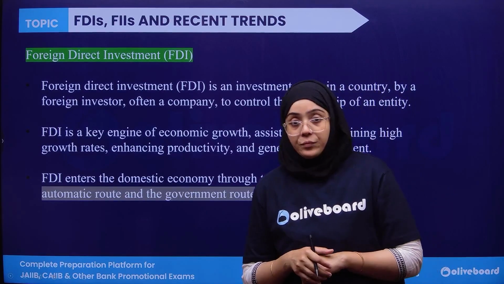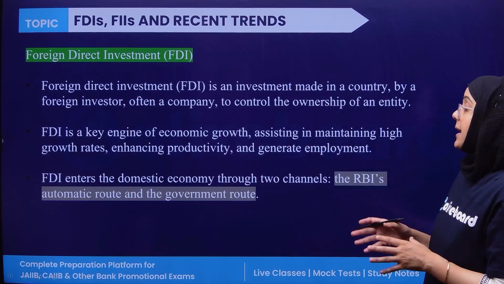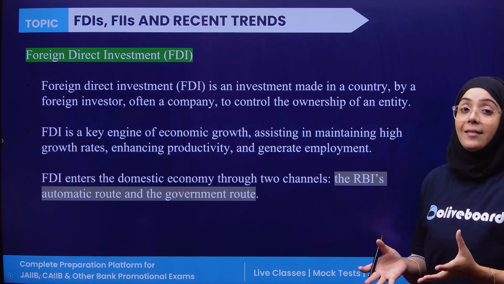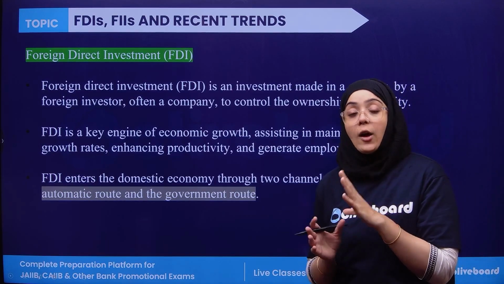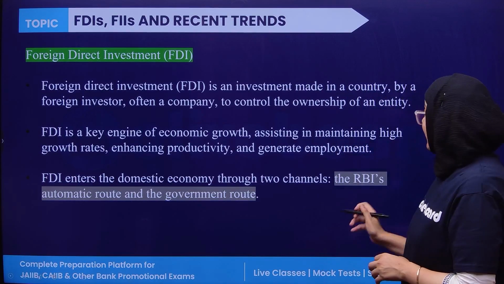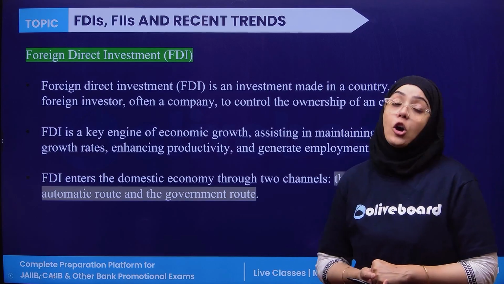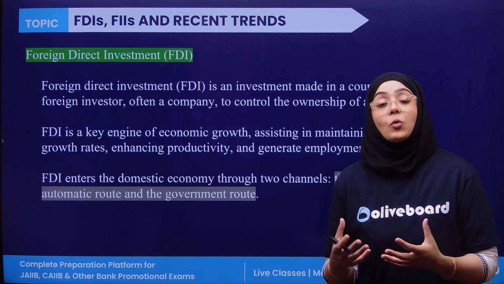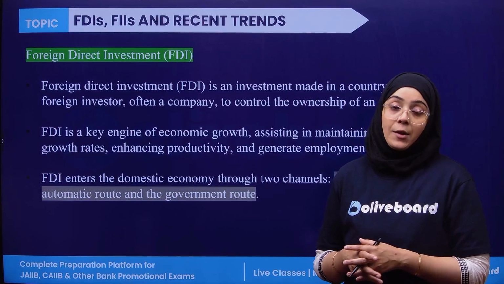Now, foreign direct investment in India is allowed in two ways, or there are two methods of FDI in India. First, there is the RBI's automatic route. Automatic route means you don't have to take permission from anyone.